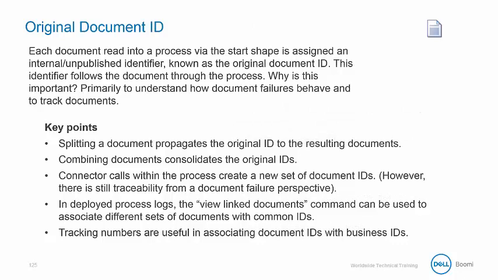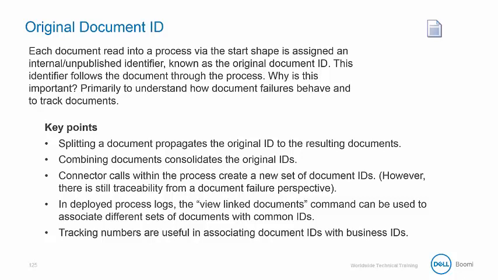Boomi assigns every document an internal and unpublished identifier known as the original document ID. The process uses this ID to keep track of each document that flows through the process. This keeps document properties and content connected properly.